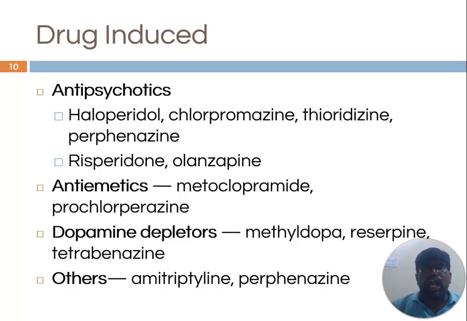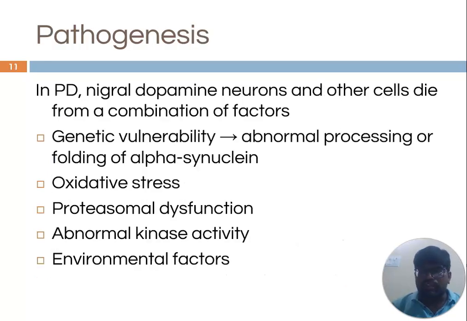Particularly haloperidol, chlorpromazine, thioridazine, perphenazine. These are typical antipsychotics. They have a high risk compared with atypical antipsychotics like risperidone and olanzapine. Antiemetics like metoclopramide or prochlorperazine may have a very little risk, which is not that serious.